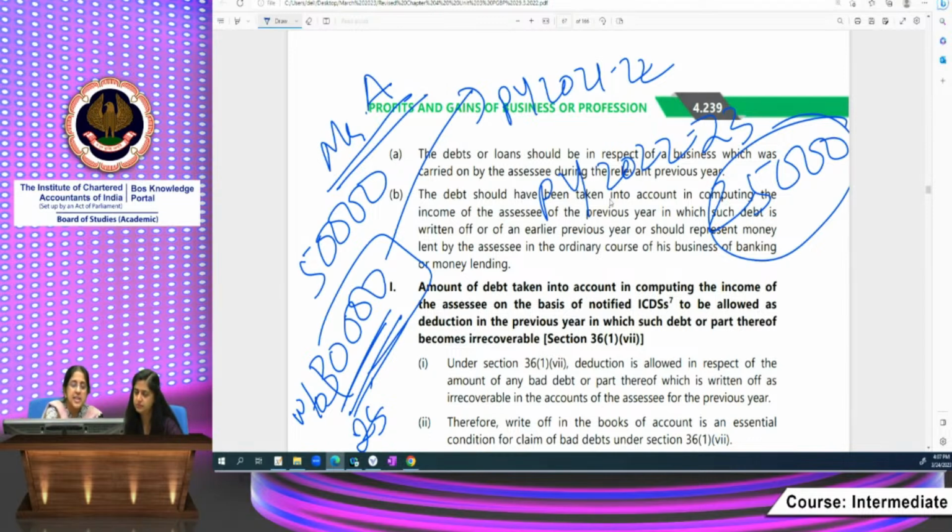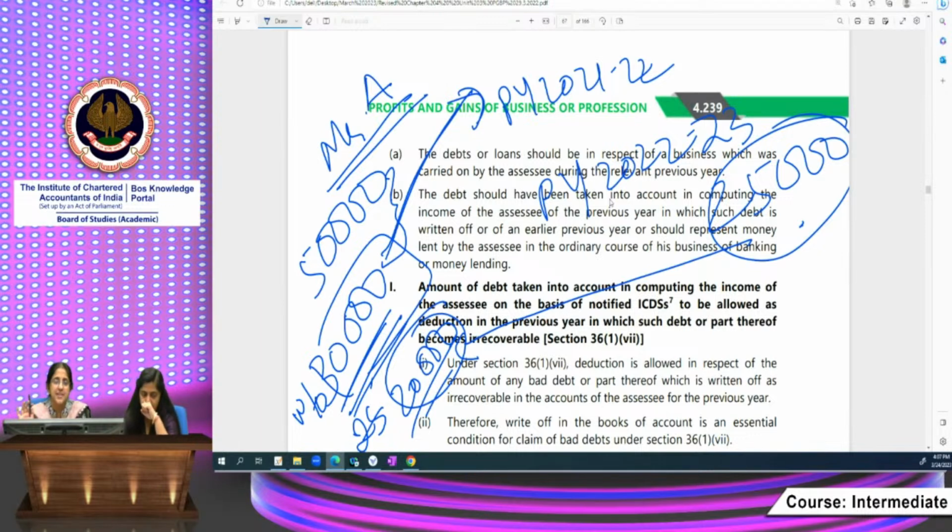So 30,000 has already been written off. So how much is still not written off? 20,000. Out of this 25,000, this 20,000 should get adjusted because for 20,000, I have not got any benefit of deduction of bad debt. So if I'm recovering that, it's fine.